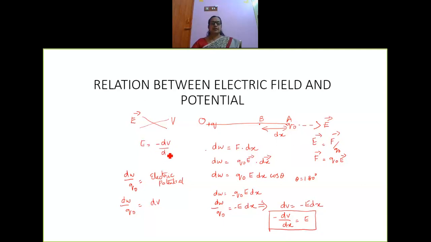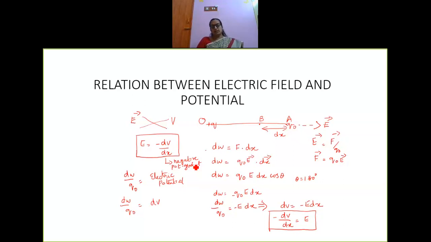In words, the electric field is nothing but the change of potential with distance, and you can also say this is the negative potential gradient.